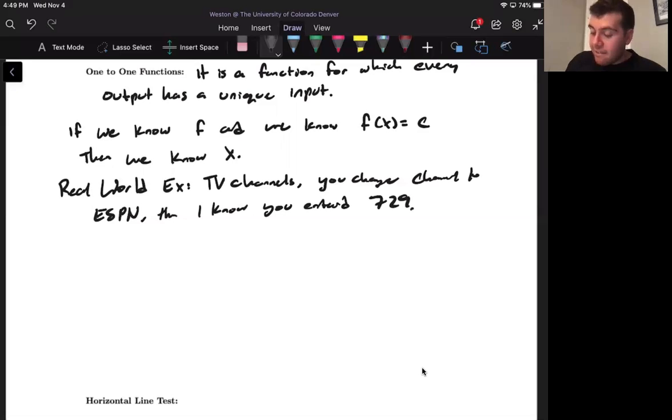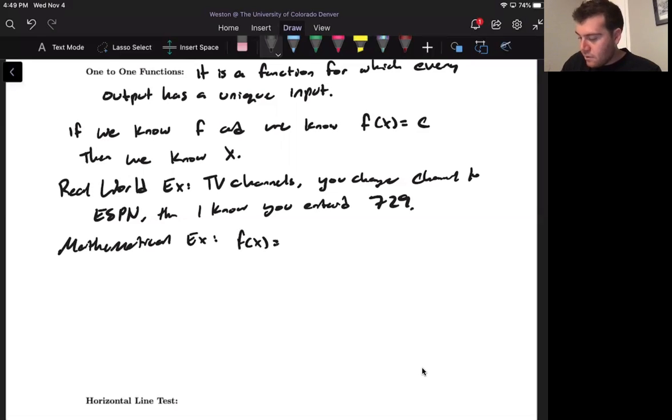So if we're looking at mathematical function examples, a one-to-one function would be, say, f of x equals x cubed. So in this case, we know f of x.